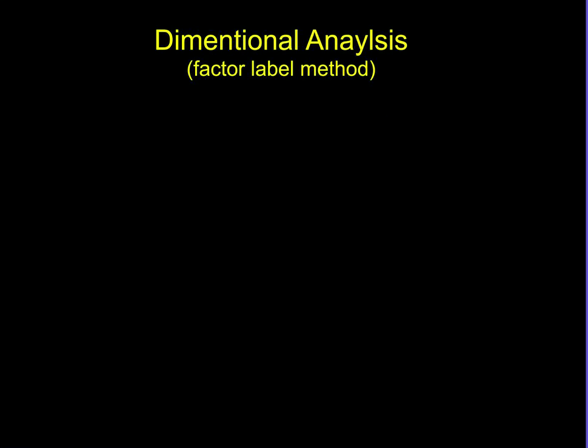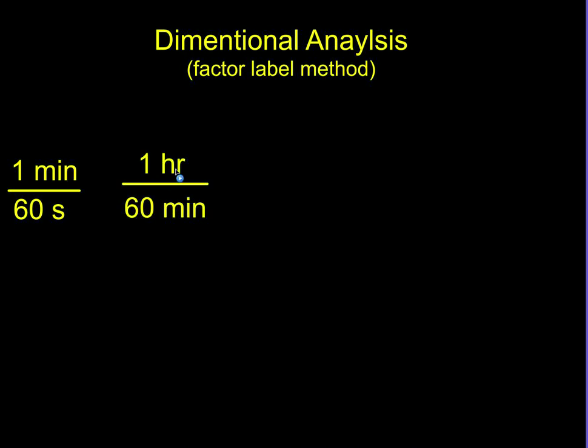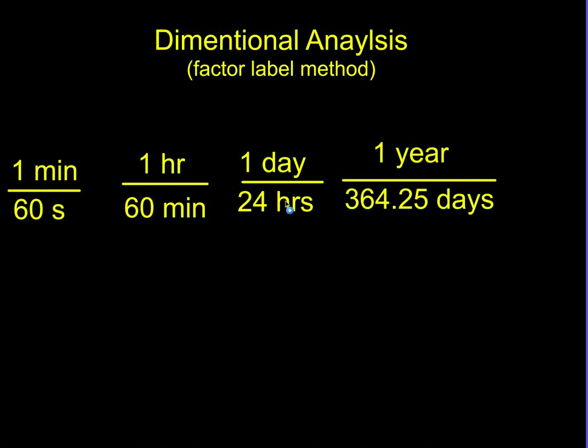Well, in order to figure out how many seconds are in a year, we're going to use something called dimensional analysis, or the factor label method. You might have used this in math before. So we know that there's 60 seconds in 1 minute. We also know that there's 60 minutes in 1 hour, and that there's 24 hours in 1 day, and there's 364.25 days in 1 year.